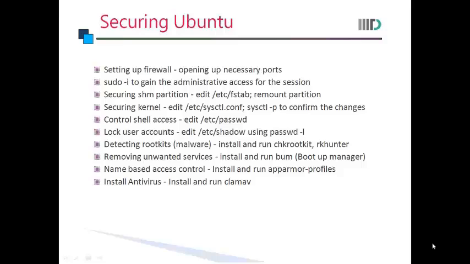For it, we installed and ran chkrootkit and rkhunter. Removed unwanted services by installing and running bum, that is Bootup Manager. Name-based access control. We installed it and ran AppArmor profiles. And at last, we installed antivirus, that is ClamAV, and ran it.